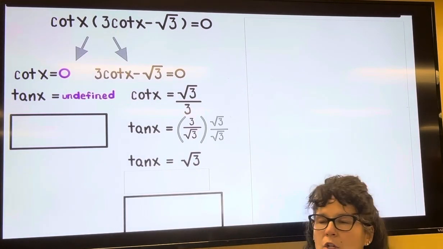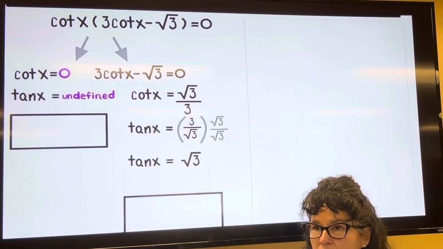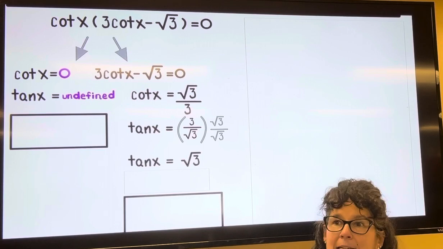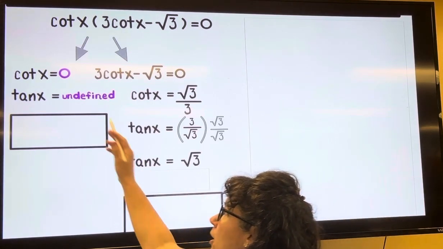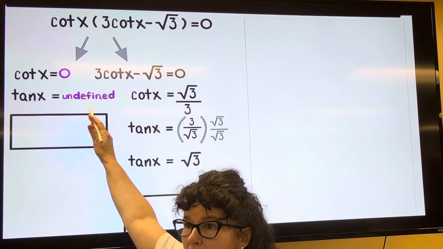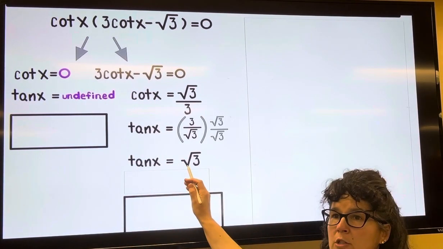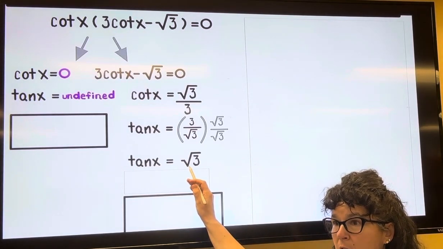But I don't want to have to go to my unit circle and divide every single y by x to look for these answers. So it's important to remember that tangent is slope. So we're looking at our unit circle for where the slope is undefined, and where the slope is the square root of 3.